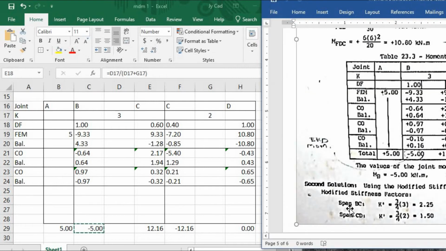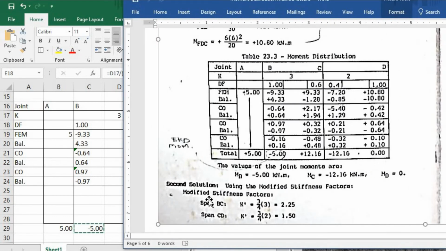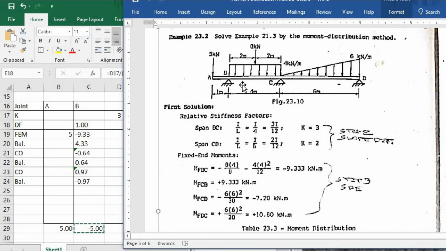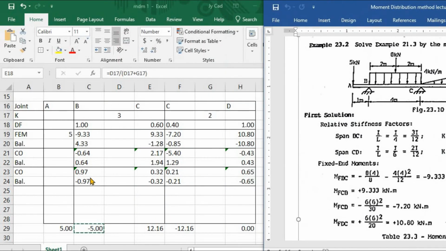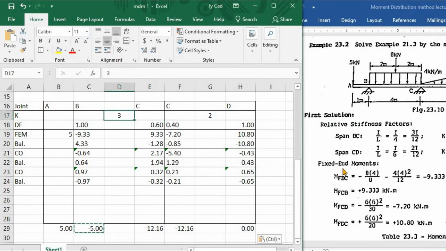Dito naman sa second solution nung same problem is using modified stiffness factors. Again, pin connected yung kanilang dulo, so you simply multiply its K by 3/4, or 0.75. Okay, so ito, multiply mo lang yan ng 0.75.